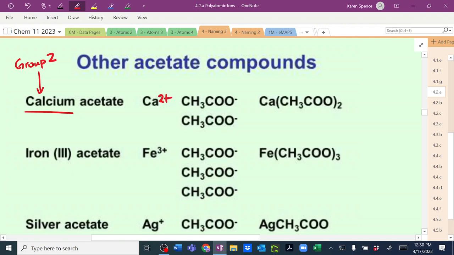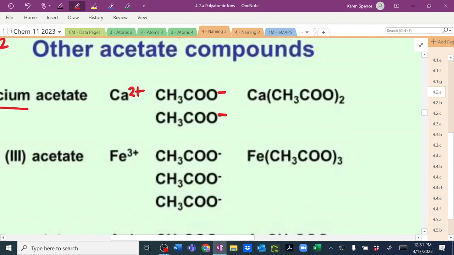So in order to balance that out, you need 2 acetates, each with a -1 charge, right? So that we have 2 positive balanced out by the 2 negative. And we do have to put it in brackets because there is more than one acetate.